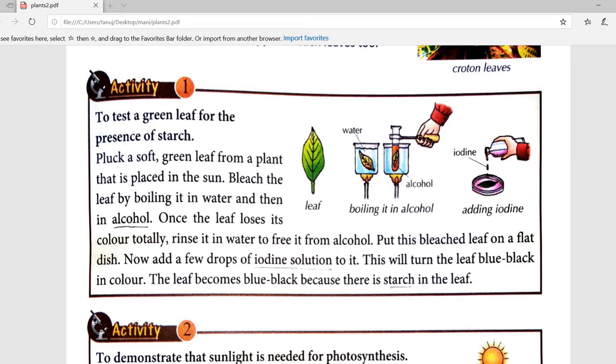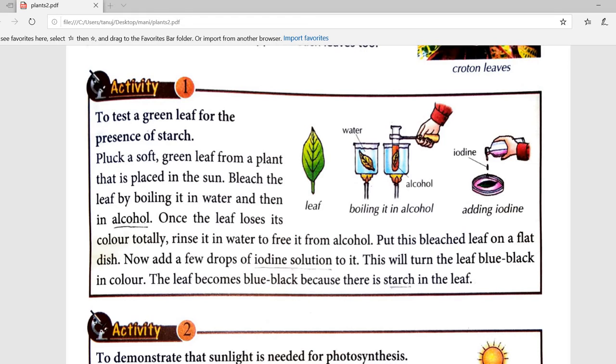Then what we can see is that the leaf turns blue black in color. So this shows that starch is present in the leaf, because of starch it turns blue black.